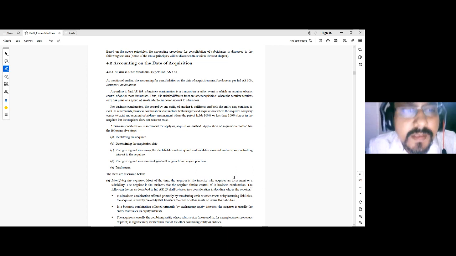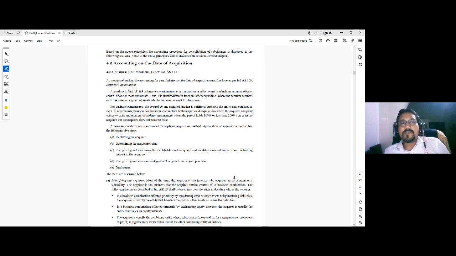Now a business combination is accounted for applying acquisition method. That is, on the date of acquisition, when we will be preparing the consolidated financial statement with the subsidiary, we will apply acquisition method. This acquisition method has 5 steps.